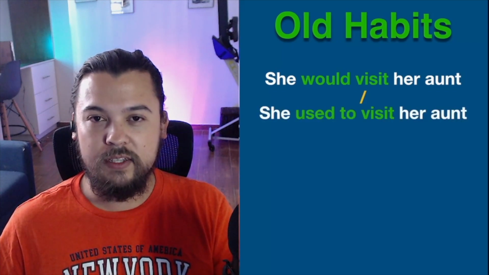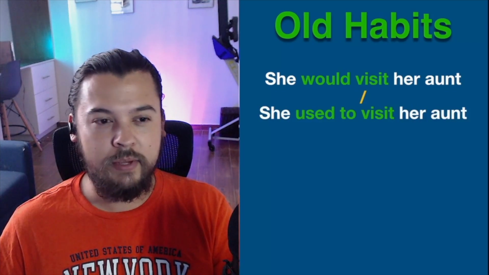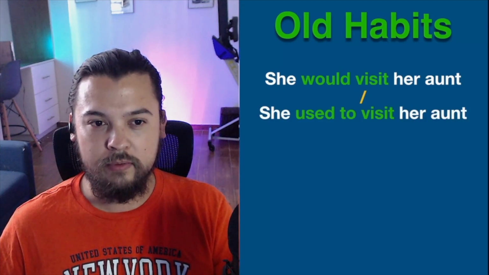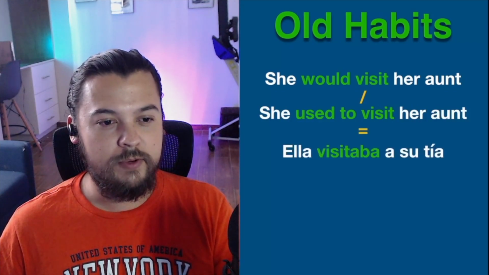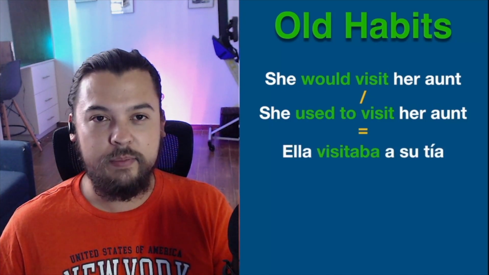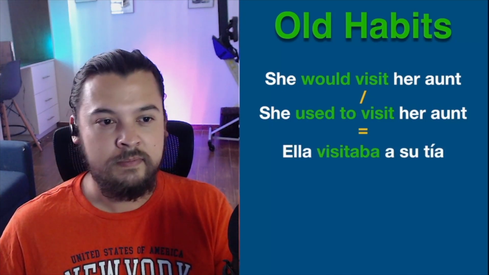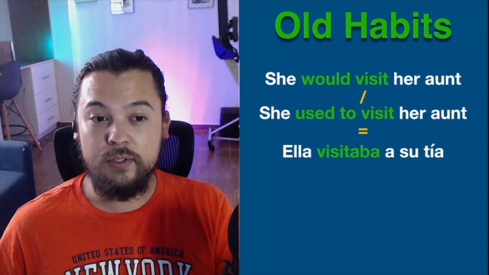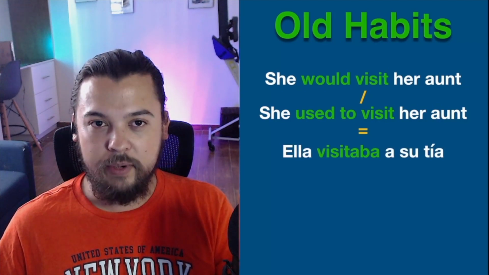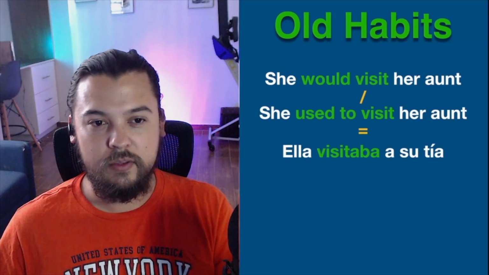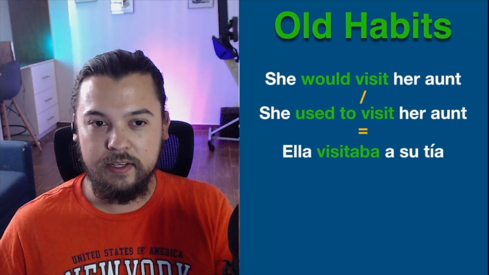So she would visit her aunt would be the same as she used to visit her aunt. Both of them would be translated into Spanish as ella visitaba a su tía. She would visit and she used to visit. Ella visitaba. The same two constructions in English for one in Spanish.